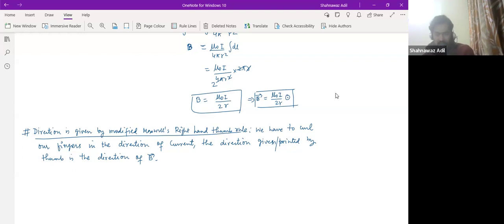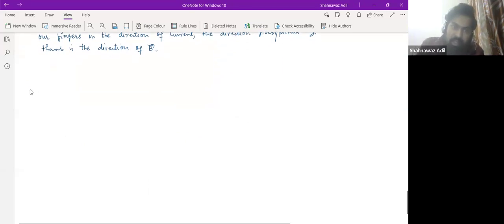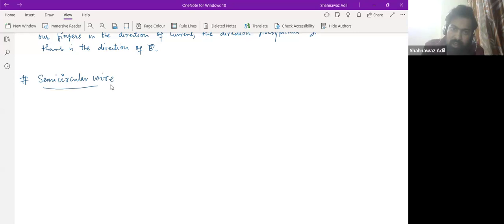Fine. Okay, so then we can have other shapes as well, right? One is this. So then we have a semicircular wire. Right. So we have this kind of wire.